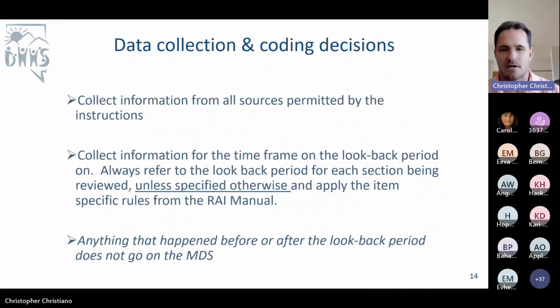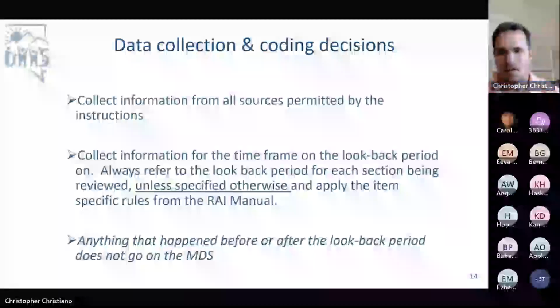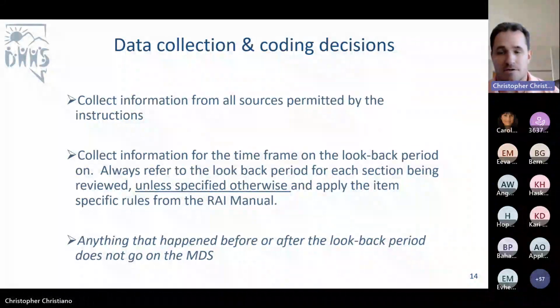All right, so data collection and coding decisions, slide 14. We encourage the facilities, of course, to use all permitted resources for coding and decisions, which basically comes down to the RAI manual and the Nevada documentation guidelines. The question mentioned earlier about the UTIs.